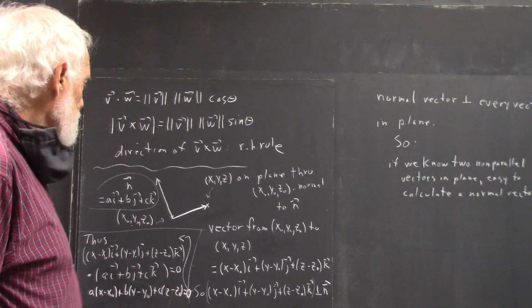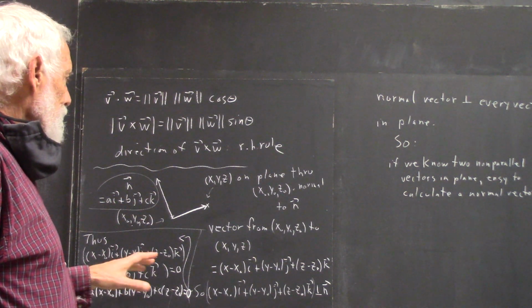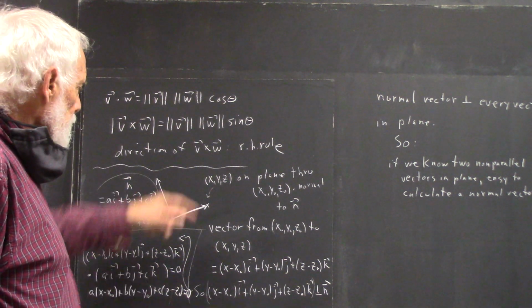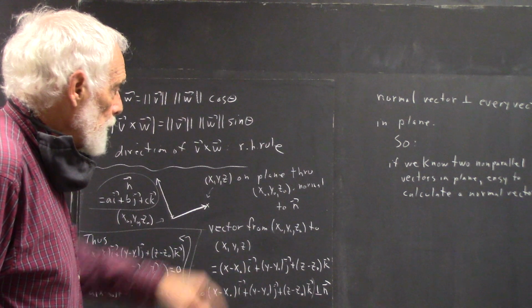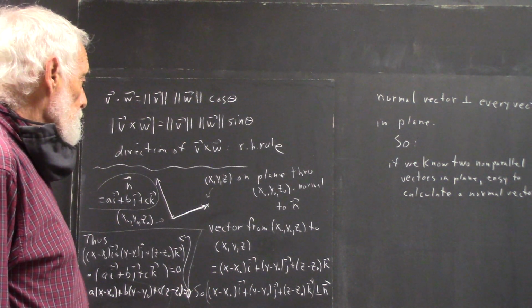I had this picture without the arrow drawn here, and asked, what's the criterion for x, y, z to be on this plane?